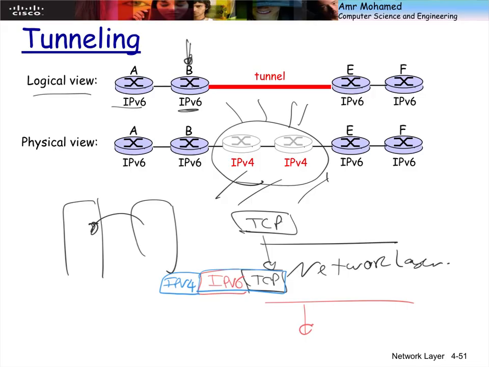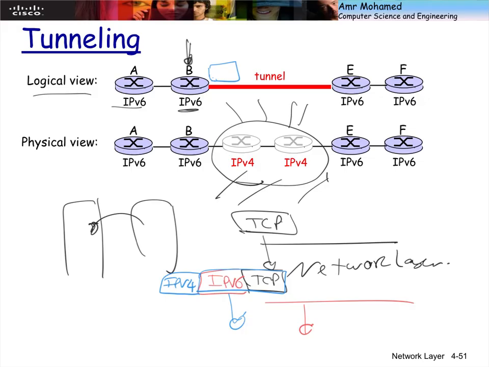So from now on, all the underneath layers and the entire core network will see IP version 4, and will not see IP version 6. So from now on I will have the IP version 4 header. That happens through another extra encapsulation inside the network layer before I send it down.